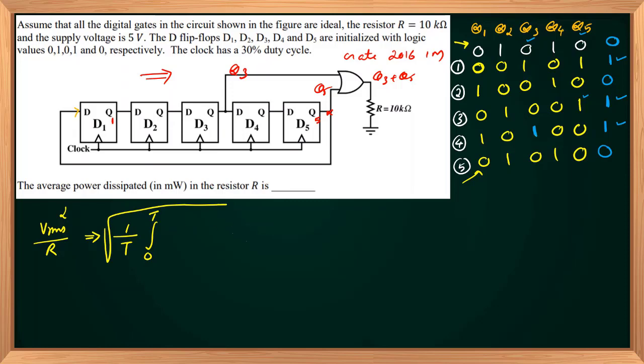The voltage waveform is 5, so 5 squared is 25, upon R, and the numerator is the Vrms, the root mean square value.